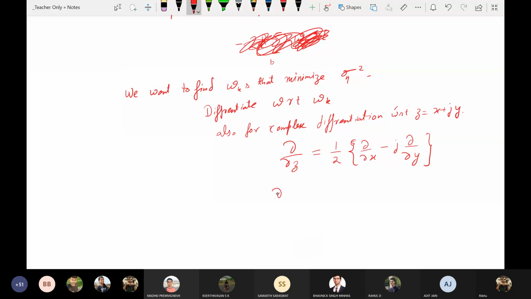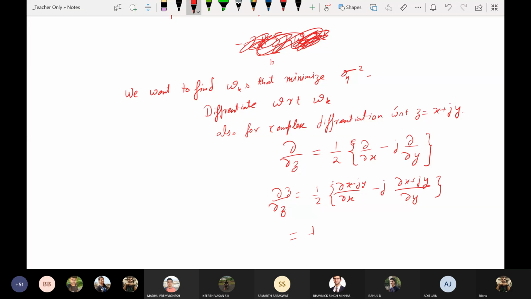So del z by del z equals half, assuming that x and y are independent variables. Half of del x plus jy by del x minus j del x plus jy by del y. Fine.